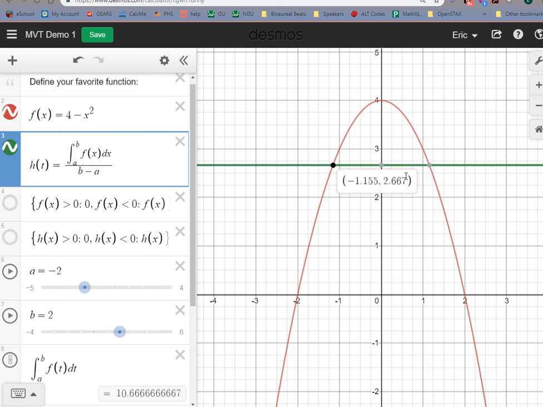If I find out where they're equal, at least as decimals, I can figure out what the points of intersection are. So those are the places within our interval between -2 and 2 where the function has its average value. If you want an exact value, you just got to solve the equation algebraically. Okay, question? Comment? Okay.